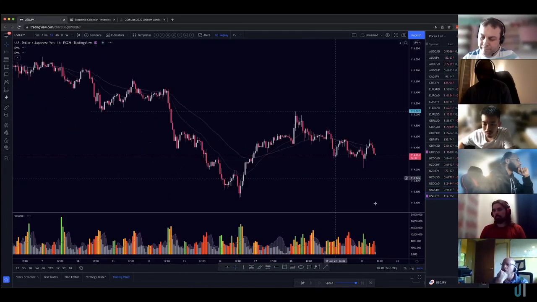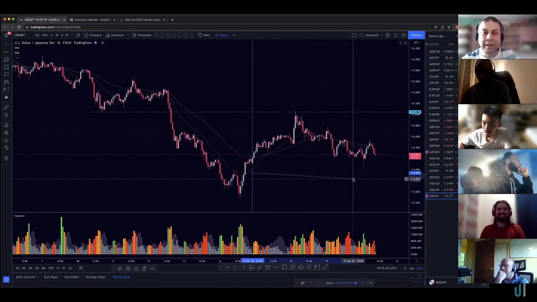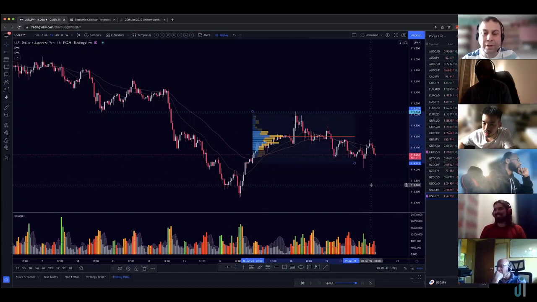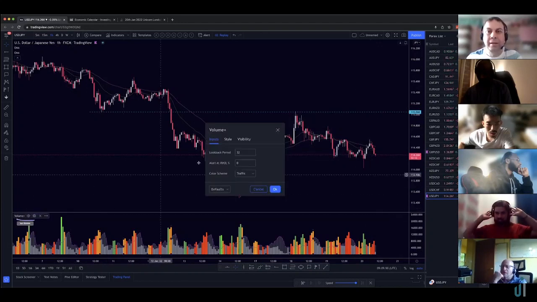All right. Let's see what this thing is doing. Another question could be, what is the significance of the RVOL indicator on volume? We have a funny volume indicator with a lot of colors. It's called RVOL.